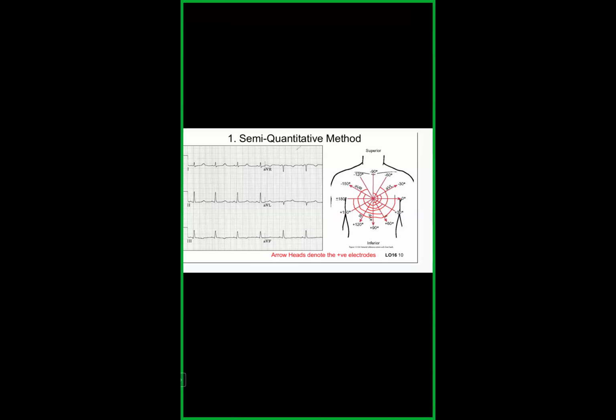And if we were to do the semi-quantitative method on this one, say this is the opposite of lead, it's negative 120, and this is the opposite, negative 60, and this is the opposite, positive 30, and this one is positive 150.